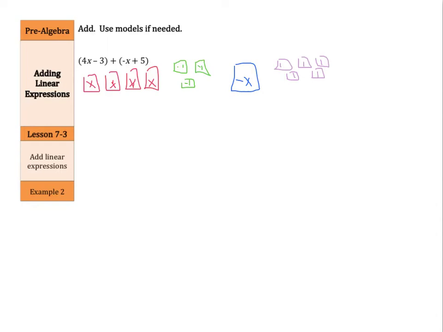Now let's regroup our like terms. Let's group our x's together. We have 4 x's, and then our negative x with those.